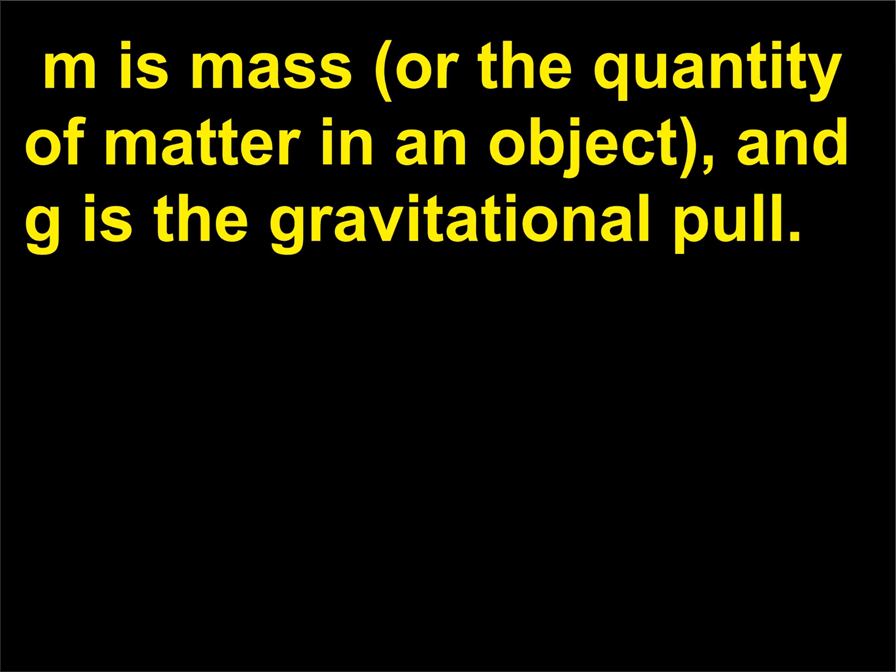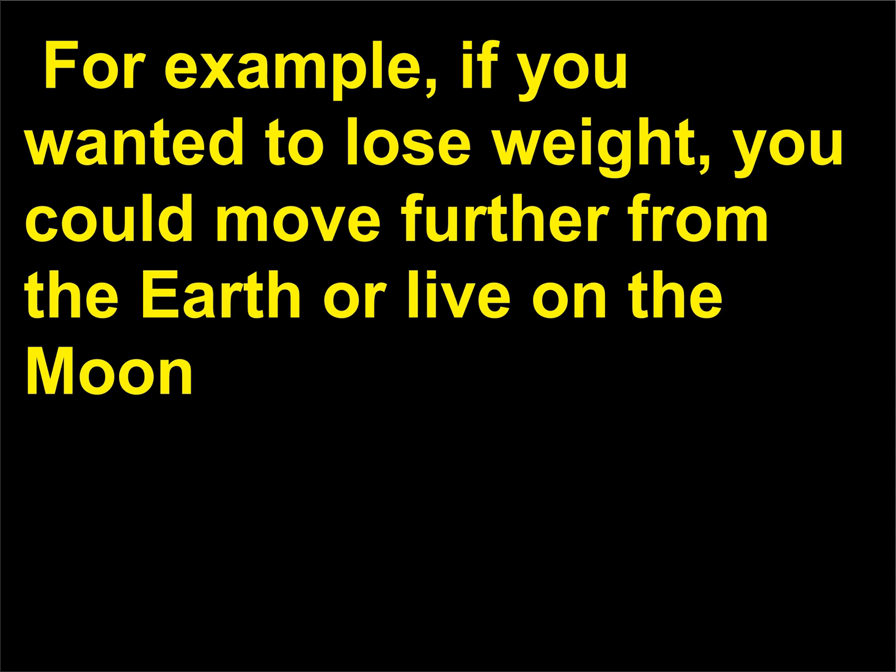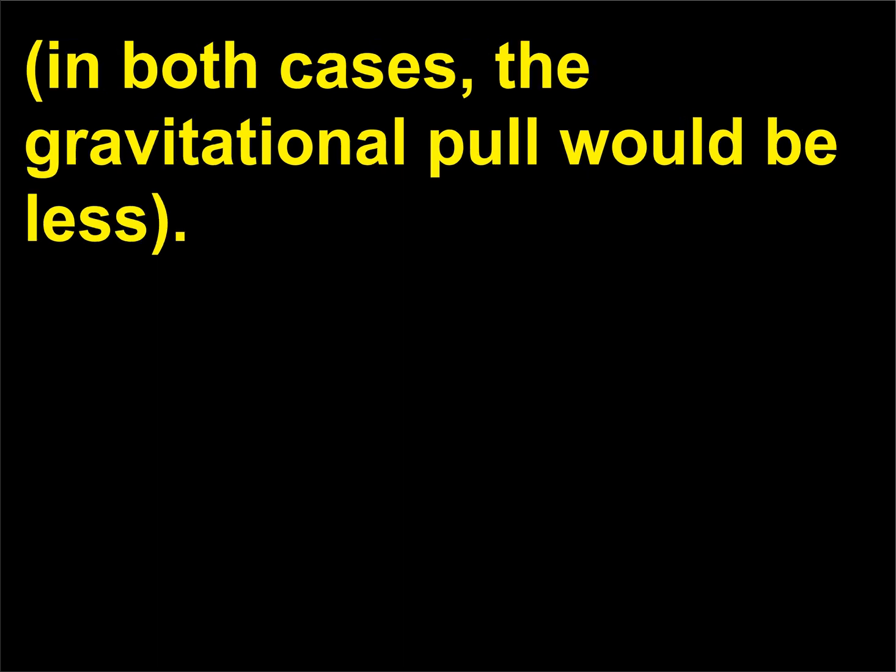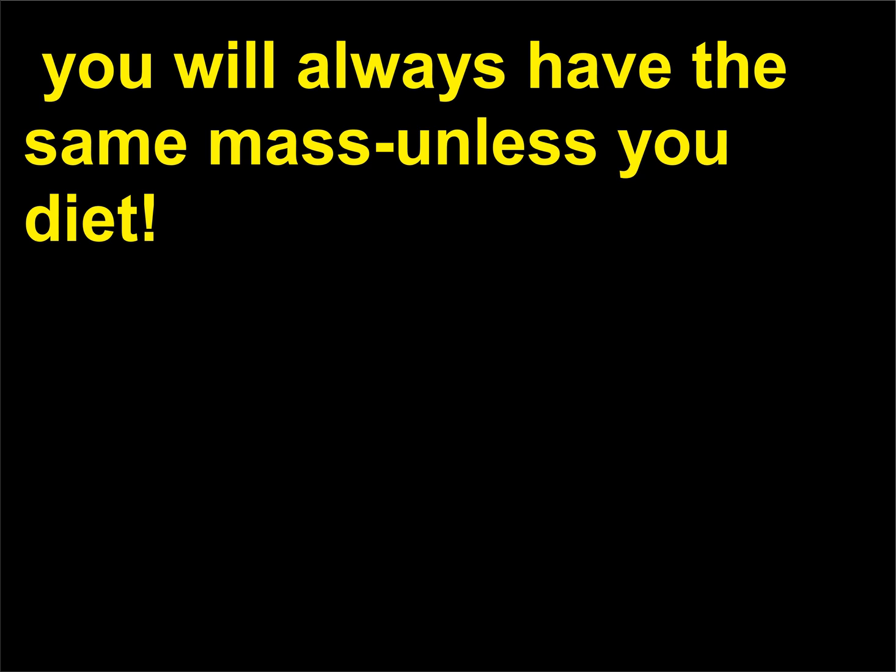M is mass, or the quantity of matter in an object, and g is the gravitational pull. For example, if you wanted to lose weight, you could move further from the Earth or live on the Moon. In both cases, the gravitational pull would be less. But remember, no matter where you travel in the universe, you will always have the same mass unless you diet.